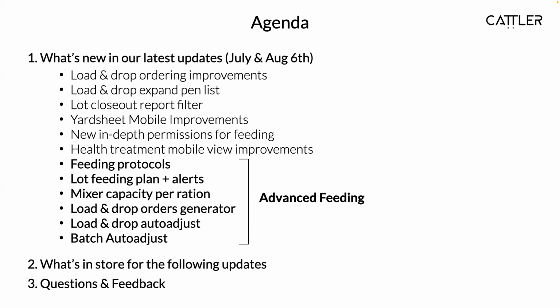So if you look at the agenda from all what we have been releasing recently, there's a lot of stuff here, and some of that I'll just briefly comment. Some of that I'll show on the presentation. Some of that I'll just show live on the app.